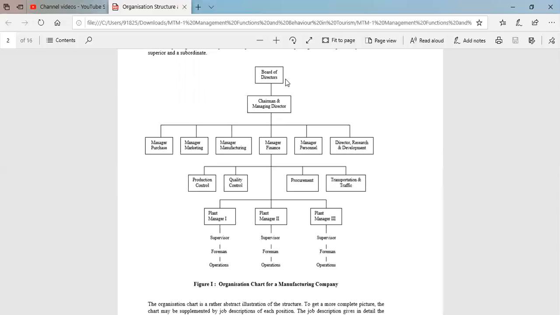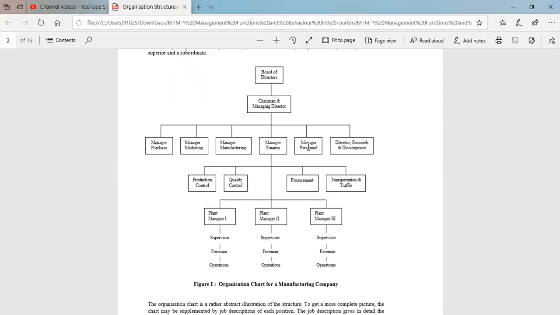After that, there are purchase manager, marketing manager, manufacturing manager, finance manager, personnel manager, director of research and development. Okay, so research and development is the important part, and personnel is human resource, which comes under personnel management.